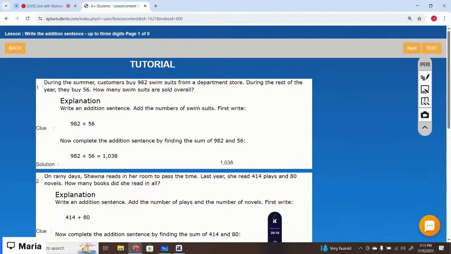During the rest of the year, they buy 56. How many swimsuits are sold overall? We need to calculate how many swimsuits are sold overall. Basically, you have to add 982 plus 56.